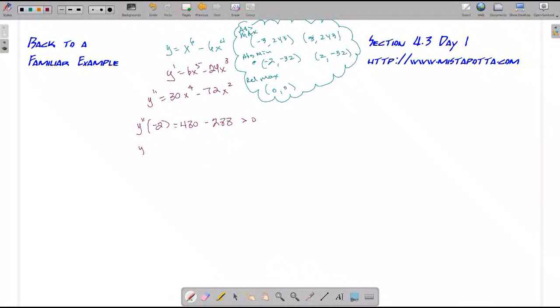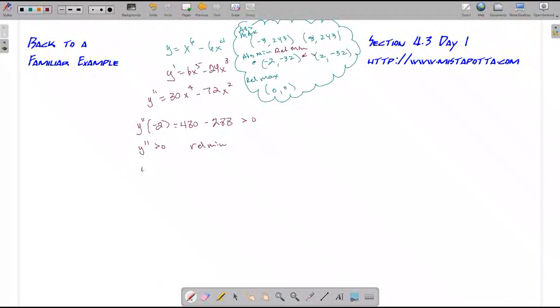So if my second derivative is positive, this was our relative min. And remember that we did identify this as a relative min as well, both of these points.